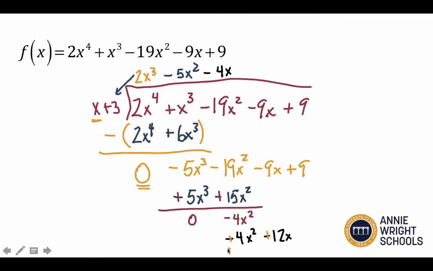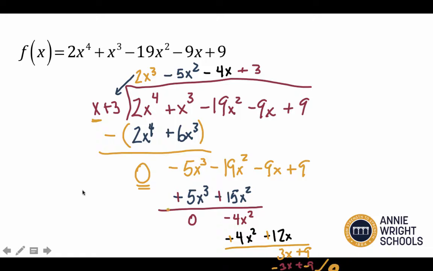When I add these up, I get a 0, and now I get 3x plus 9. Now I ask myself, what times x gives me a 3x? And the answer is a positive 3. So then I multiply and I get 3x, and then I get plus 9, and now I change the signs and add, and when I add, I get 0.